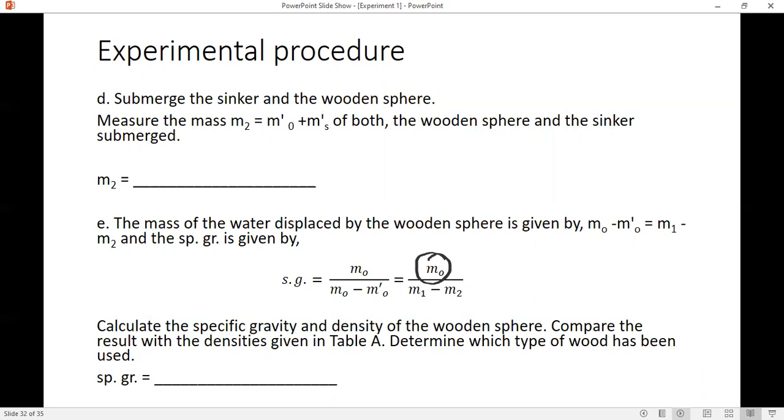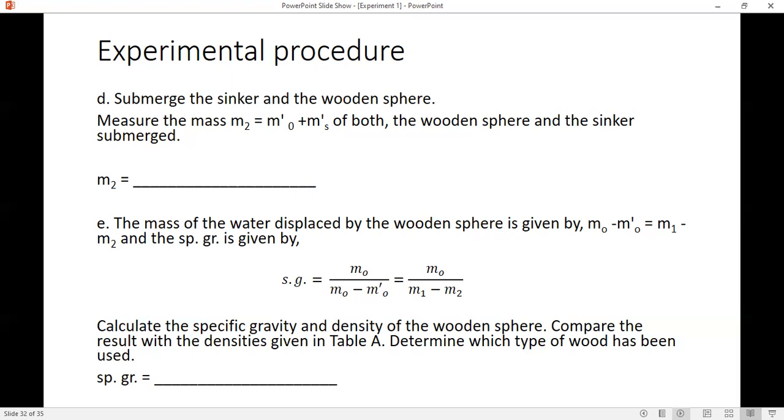Then take the difference between your two measurements, and the difference between the two measurements represents the buoyant force divided by the acceleration of gravity. So the specific gravity, again, is really the weight of the object divided by the buoyant force. It's comparing it again to water.